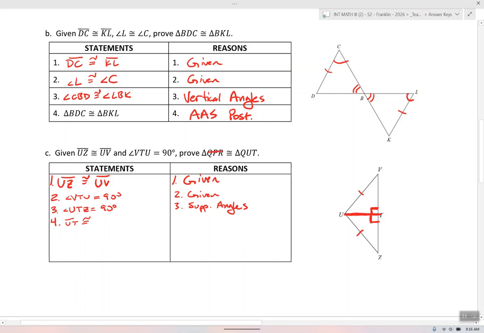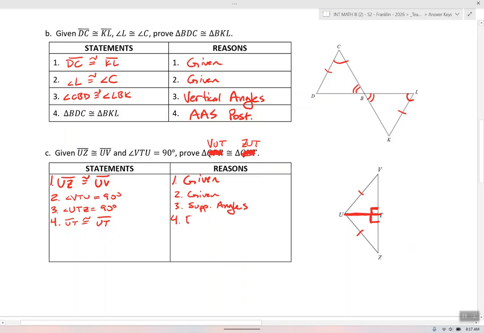So these should be VUT and ZUT, which we do have in our other given information. For some reason, the triangle's wrong. Anyway, back to the problem. So they would both be named segment UT. I was just checking to see if it should be TU and UT. Not that it matters too much. We know what we're talking about here.